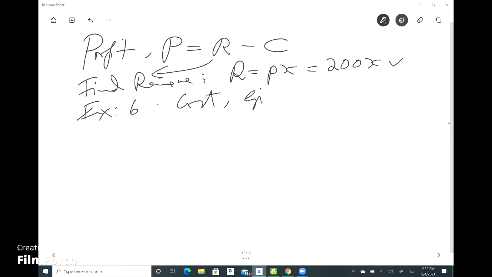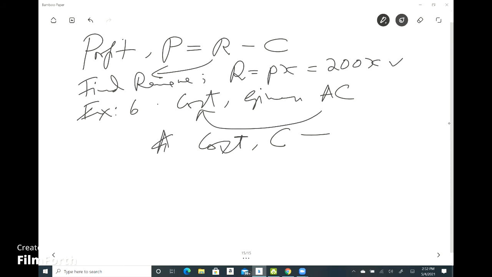You are given what? You are given cost per unit. Cost per unit is average cost, AC. So how do you get cost from average cost? Or let me ask you another way. If you are given the cost, C, how do you get the average cost? I think that one is easier.